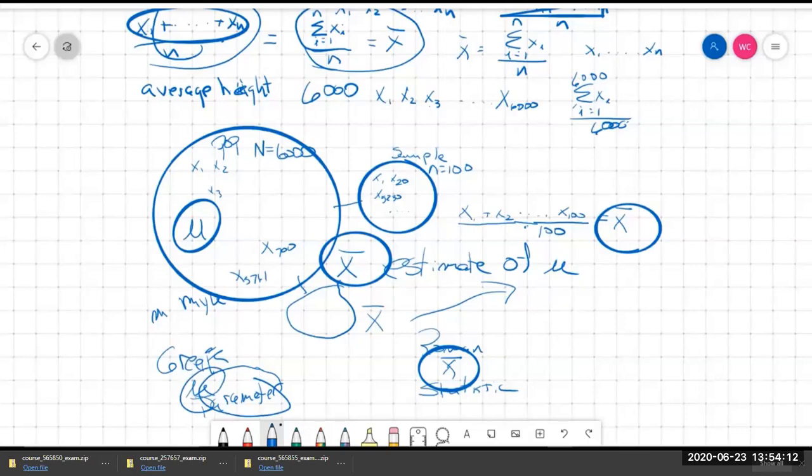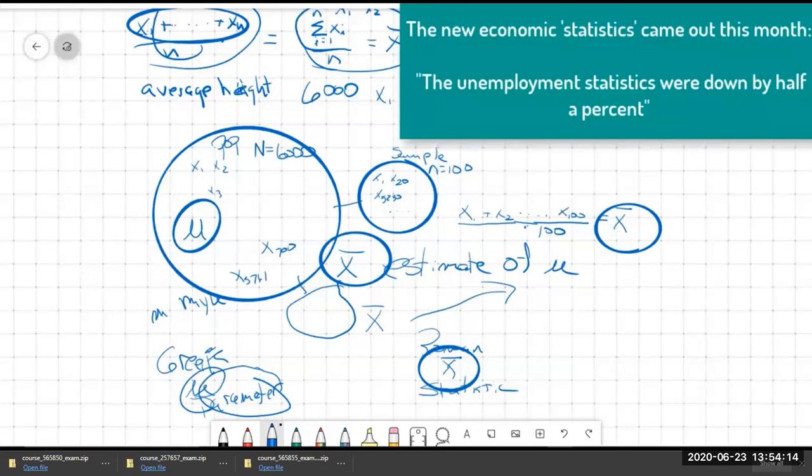Now, what does this mean? Why do we use that word statistic? So you might hear the new economic statistics came out for this month for the economy. So what does that mean? That means to me that the new economic numbers for the economy came out today.